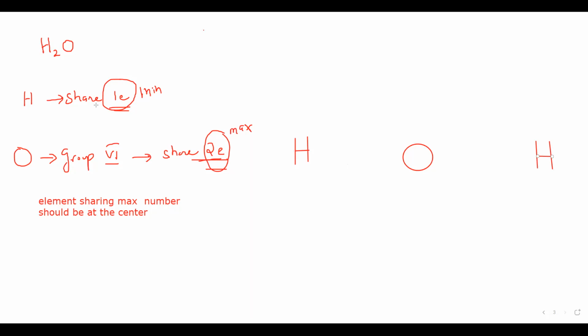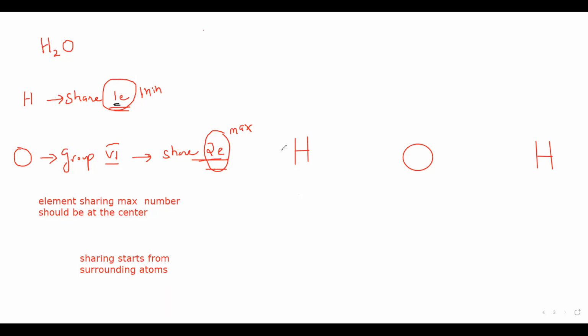The sharing will start with the least number, so the sharing will start from the surrounding atoms. In this case, which atom is the surrounding atom? Hydrogen is surrounding the oxygen. So we'll start sharing from hydrogen.